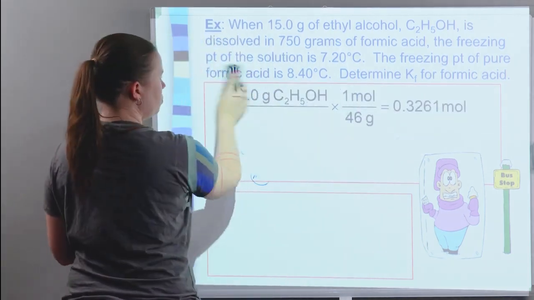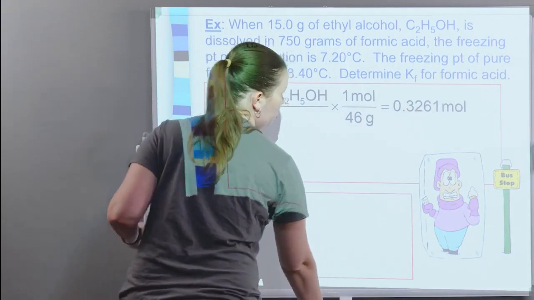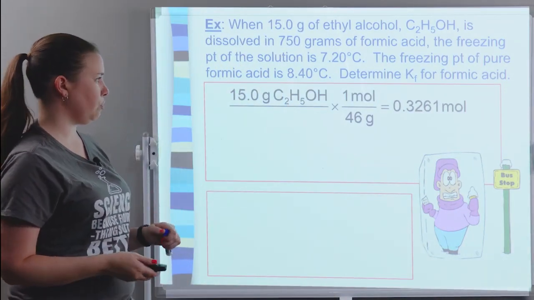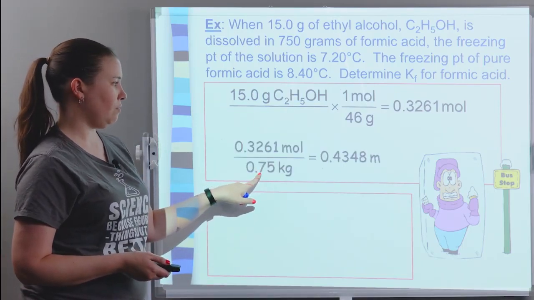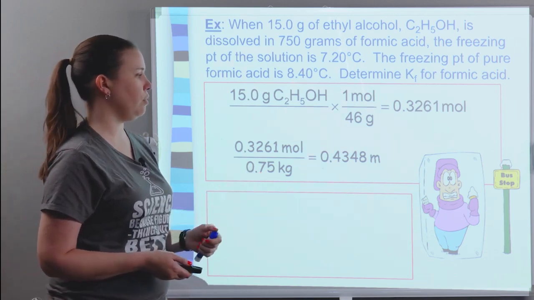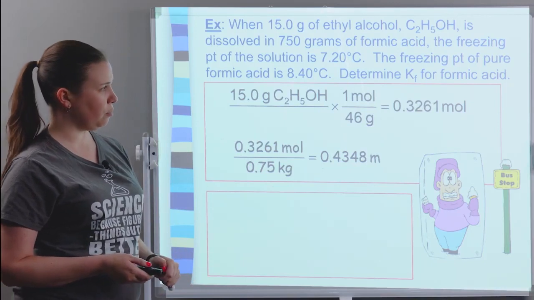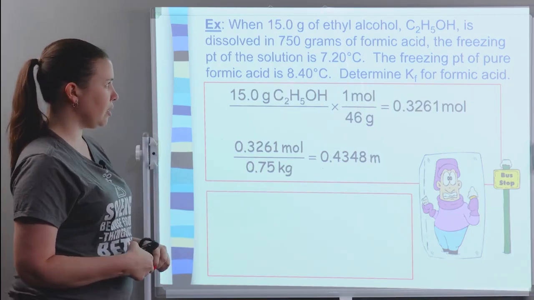My molar mass was about 46 grams per mole, making my solute 0.3261 moles, divided by the 0.75 kilograms, would make my molality 0.4348, or with 3 sig figs, 0.435 molality.